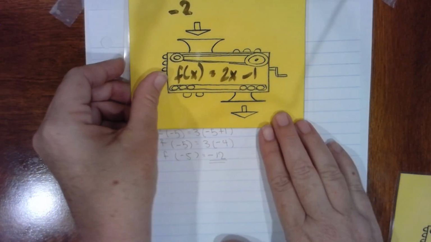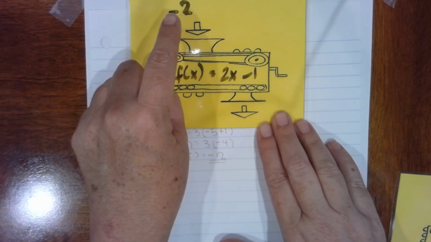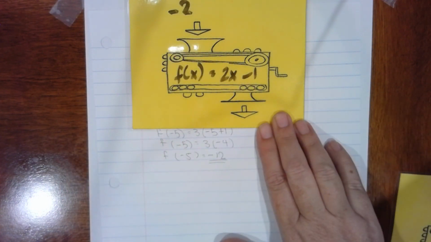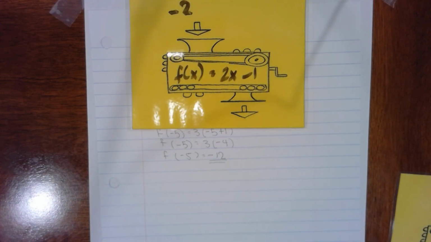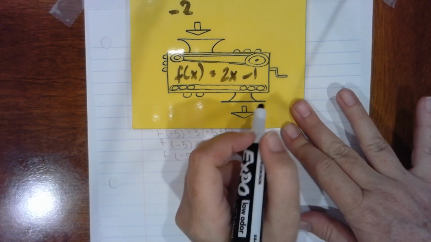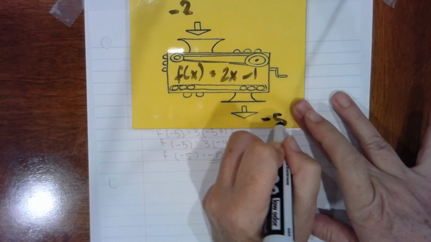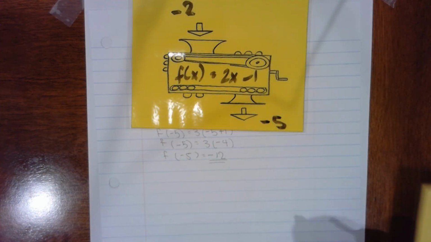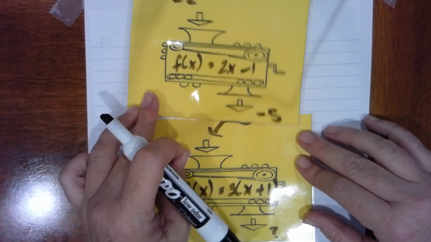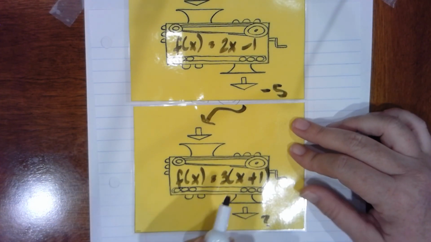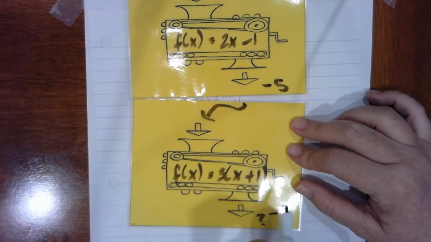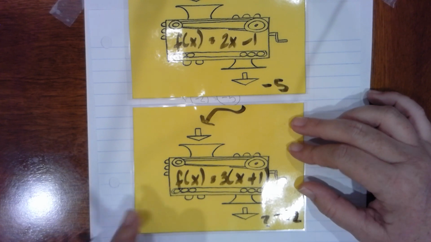Again, my initial input is negative 2. I plug it in, I work it out, and I end up with negative 5. I take the negative 5 and input it into the second machine. And my final output was negative 12.